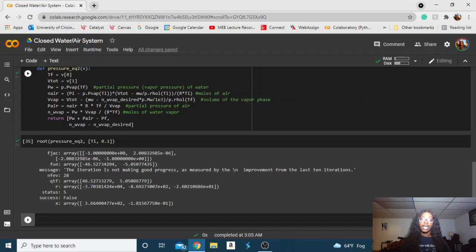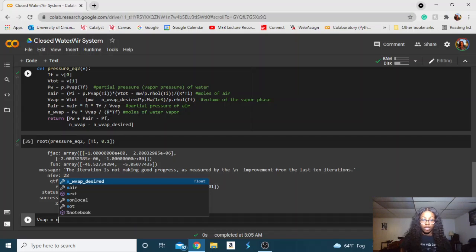So we can actually calculate the total volume of the container and create a better initial guess for our root solver. So I'm going to go ahead and do that, rearranging the equation for the moles of water vapor to explicitly solve for the volume of the vapor phase instead.